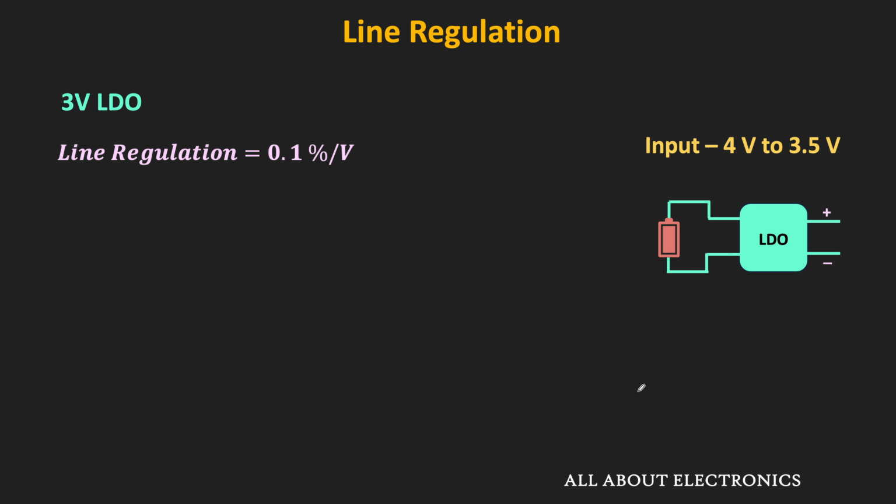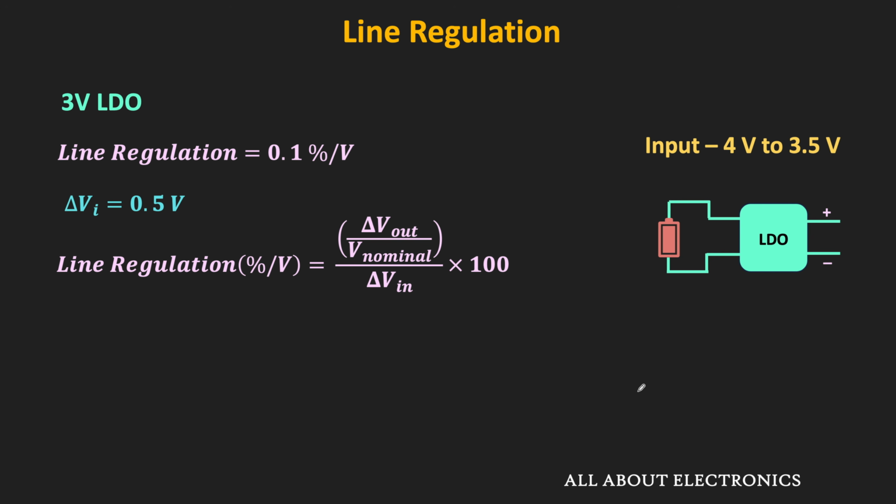That means initially it is equal to 4 volt, and as the battery discharges, it reaches 3.5 volt. So here we can say that the change in the input voltage is equal to 0.5 volt. So once again, the line regulation in the percentage per volt can be given by this expression.